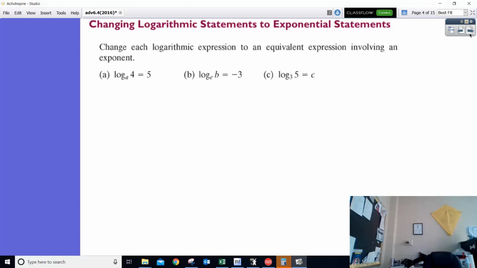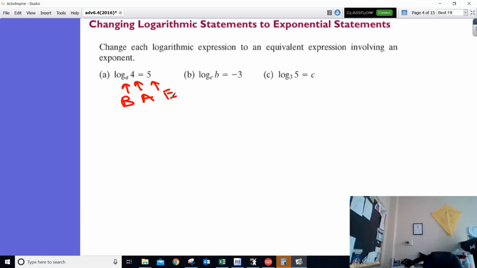That's how you label the stuff. So when I walk through this thing, my base is a, my 4 is the argument of the logarithm, and the 5 sitting on the other side of the equality. The goal is to spell b, b-a-e.